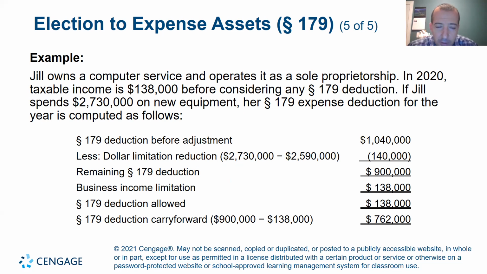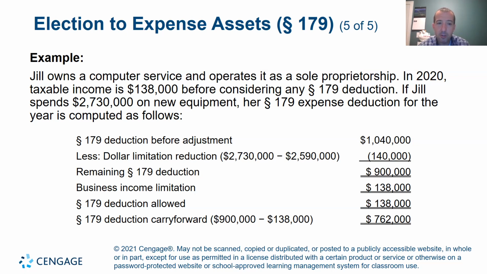If Jill goes out and spends $2,730,000 on new equipment, what would her 179 expense deduction look like? So let's take a look. She's allowed $1,040,000 in Section 179 deduction, but she's purchased more than the $1,040,000.